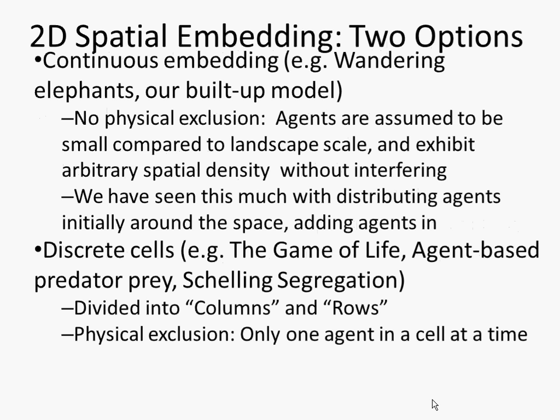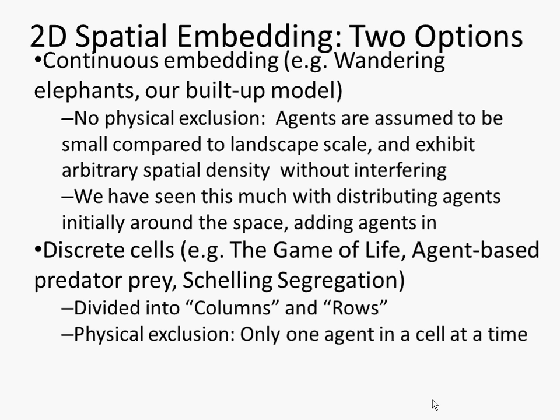The other type of model that AnyLogic supports is one where we have discrete space. The space is broken up into a set of cells. And there's mutual exclusion going on here in the sense that a cell can be empty or it can have exactly one agent in it, and not more than that.